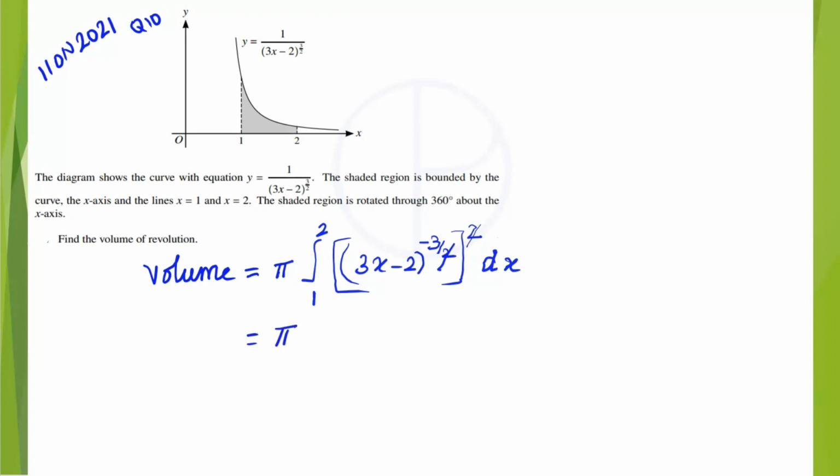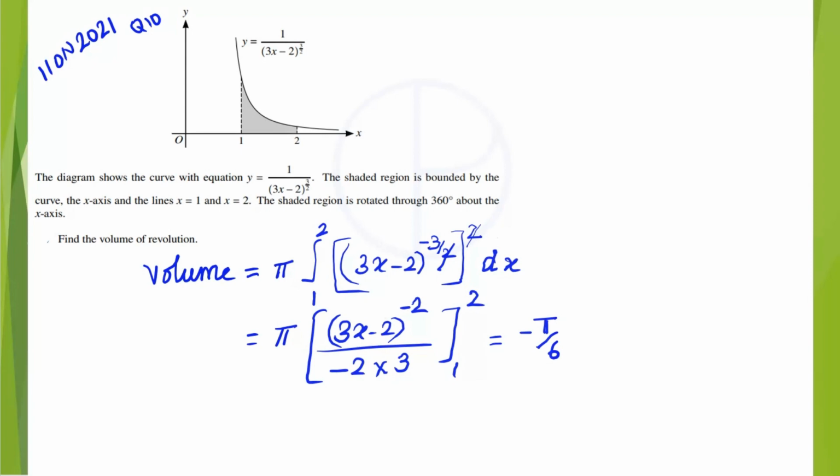So pi, let us integrate this one. The base is 3x minus 2. Increase the power by 1, so negative 2 divided by negative 2 multiplied by the coefficient of x, which is 3. And the limit is 1 to 2. This is equal to minus pi over 6.